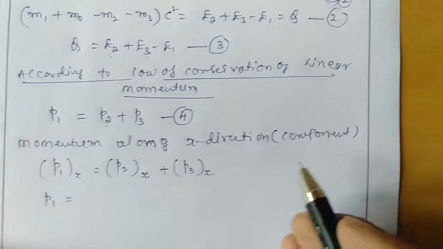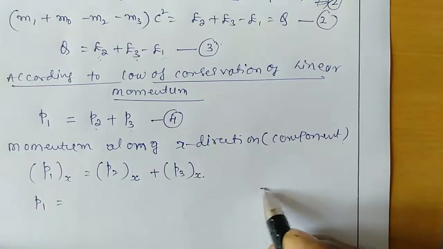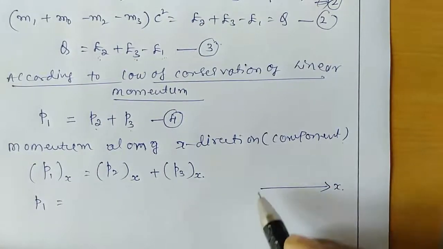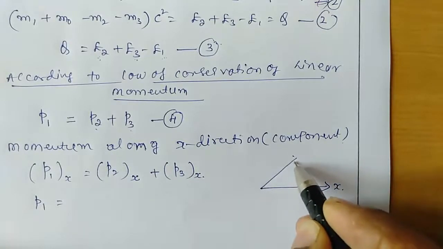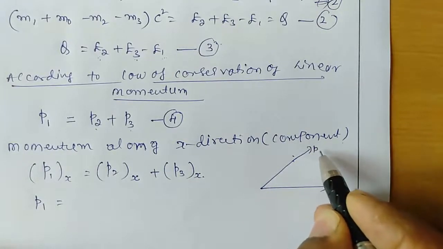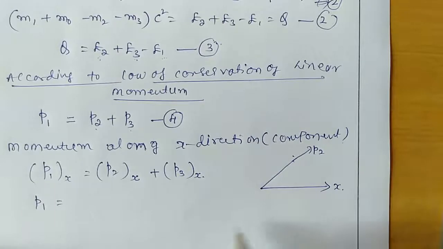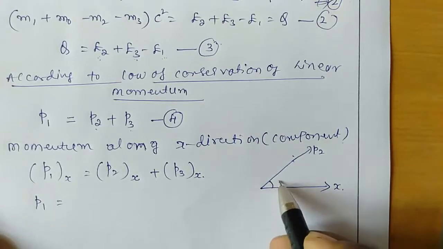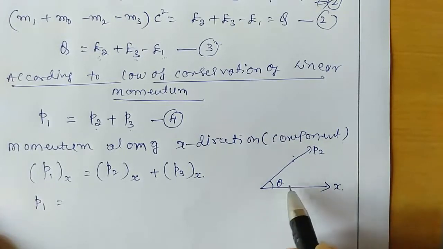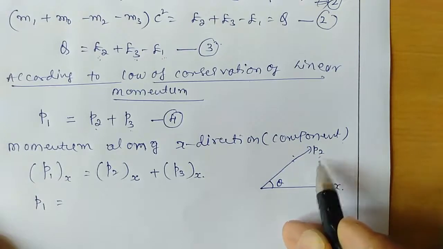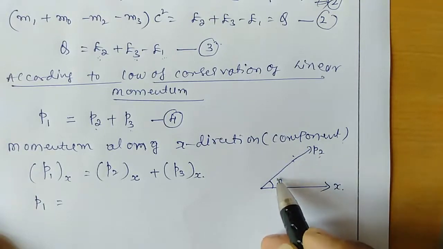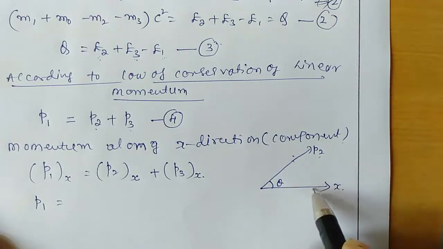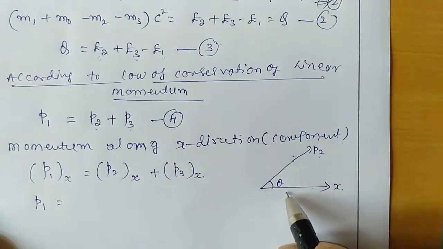So if I resolve this, the linear component of the ejectile, so this is your P2, right? So this is your linear momentum P2 of the ejectile. So this is making an angle theta with the x-axis, that is the angle made by the ejectile with the x-axis is theta. So since it is lying neither along x-axis nor along y-axis, I will resolve this component.